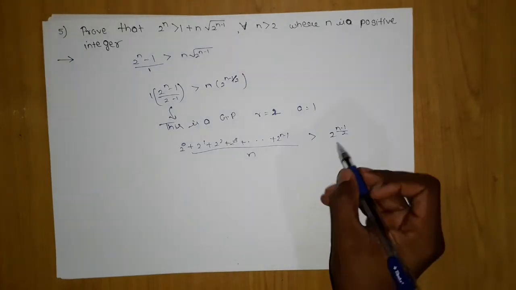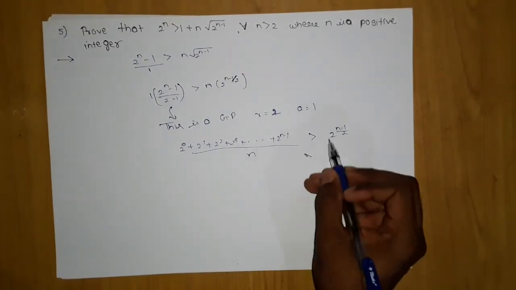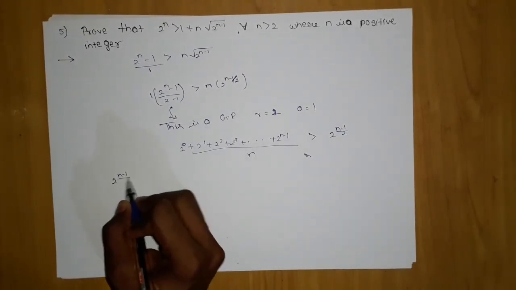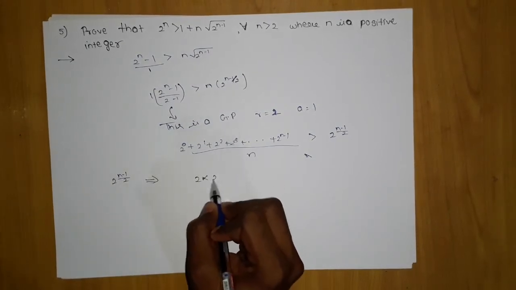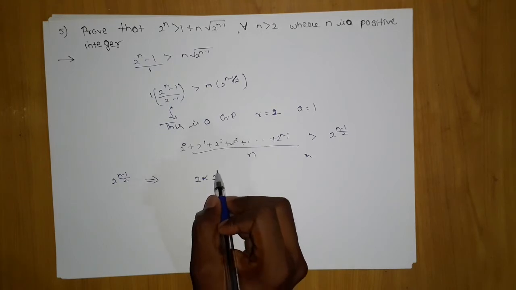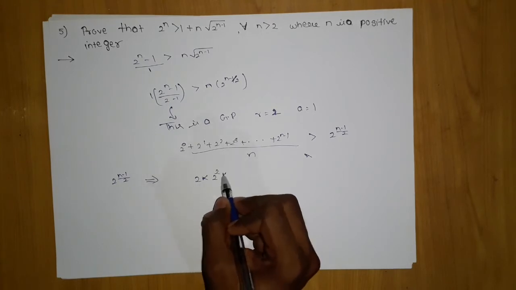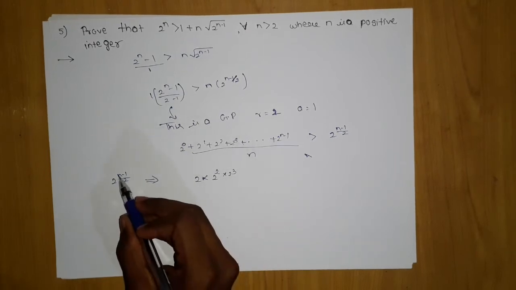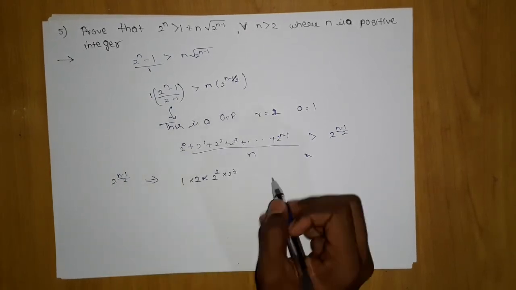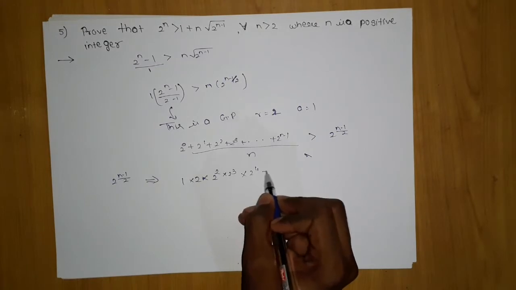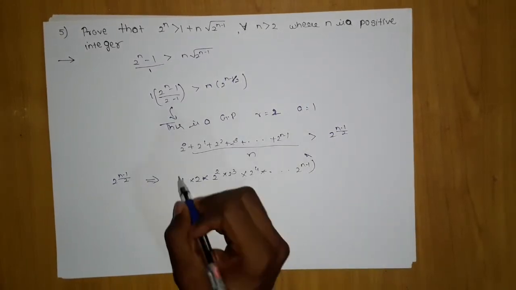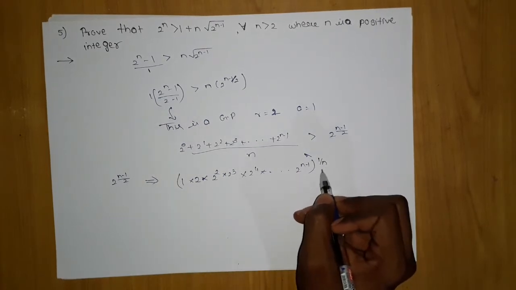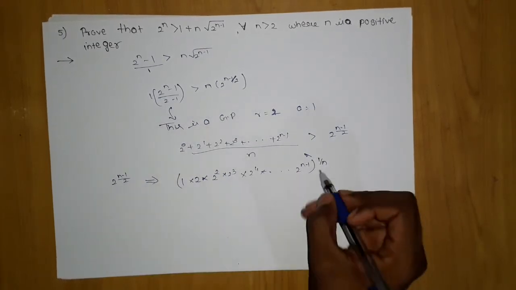So for this term, we can write 2 power n minus 1 like this: 1 into 2 power 2, 2 power 3, 2 power 4, and so on till 2 power n minus 1, the whole upon 1 upon n.